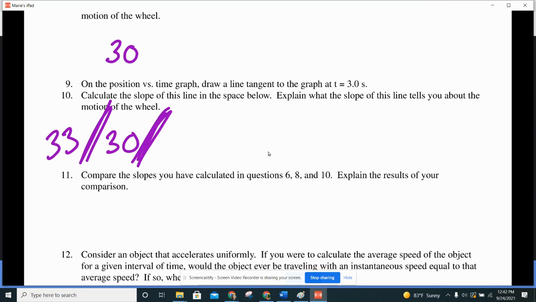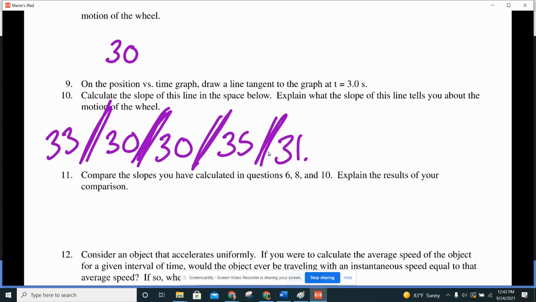Nope. All right. This group, what'd you guys get? 30. That group? 35. What did you guys get? 31.4. Back table? 40. What'd you guys get? 31.75.